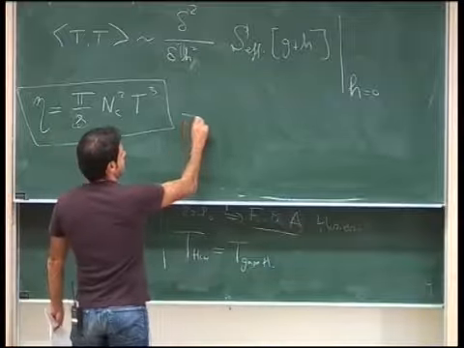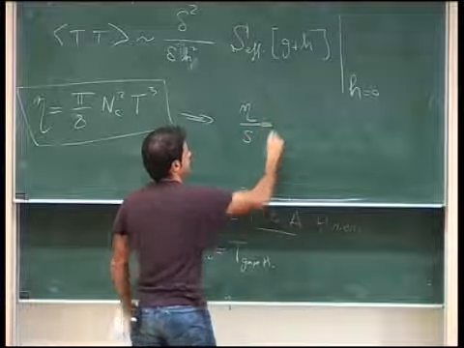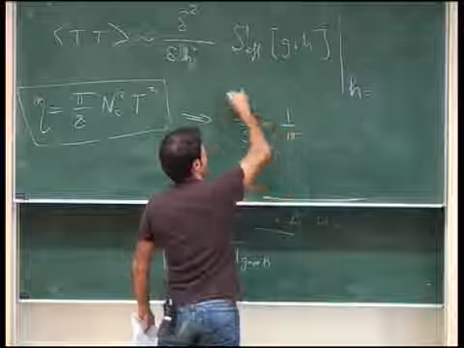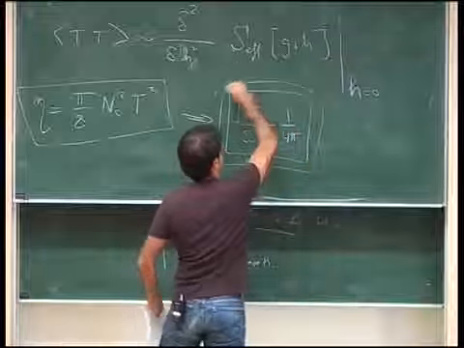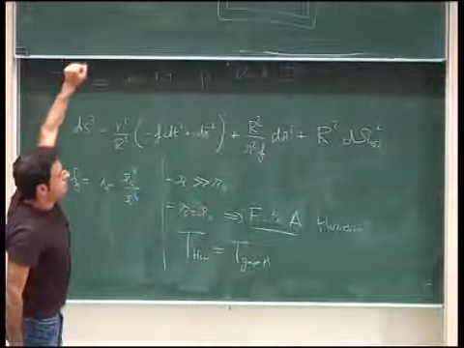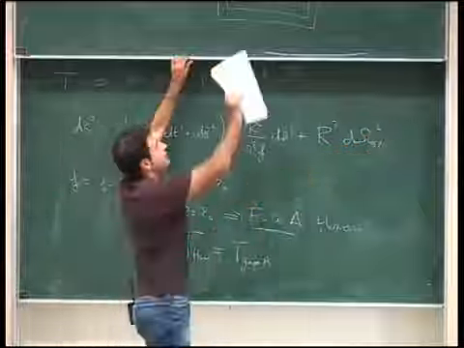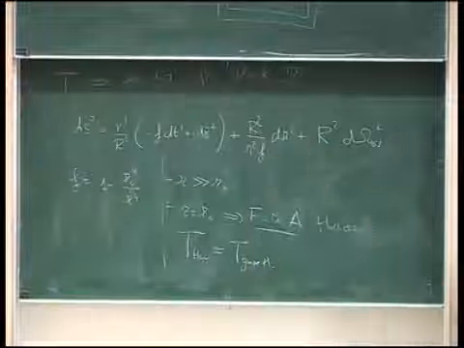And this immediately implies that this ratio is 1 over 4 pi. And this is an important result. Remember, the entropy is up there. So this S here is the entropy density. Okay, so I'm factoring out this volume factor.